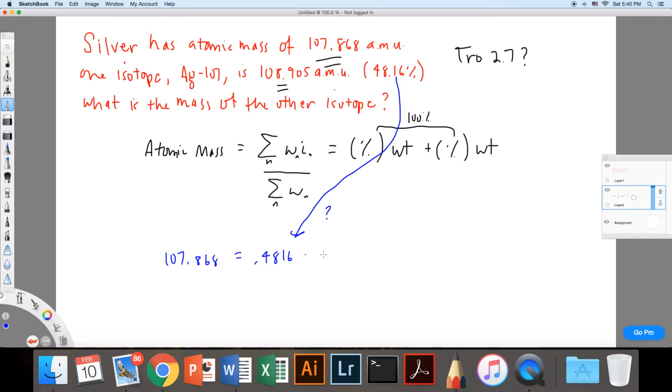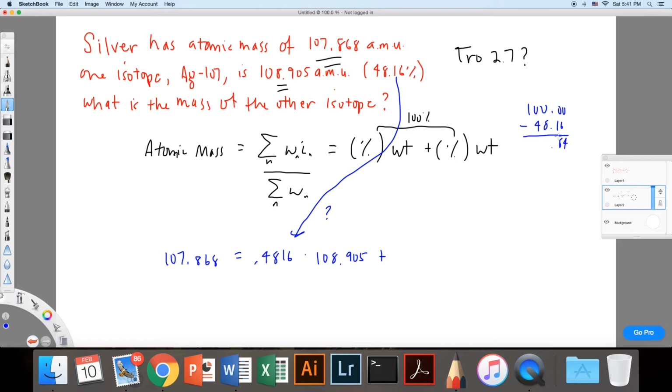Times the weight of the first, which is 108.905, plus the percent of the other. What is the percent of the other? Well, it's 100 minus 48.16.